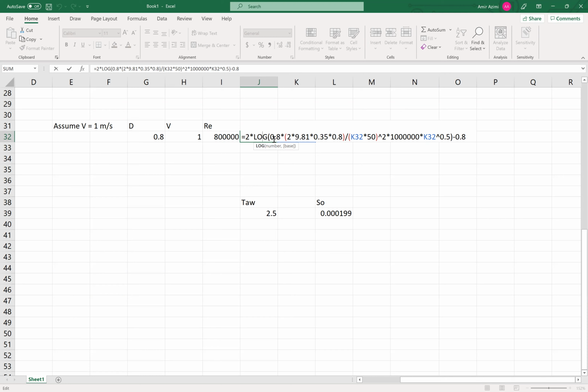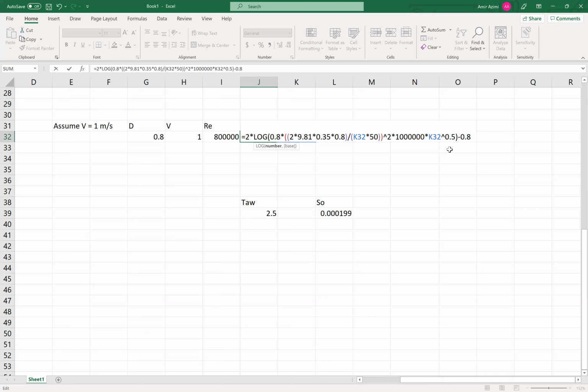So we have two times the logarithm of Reynolds number, where Reynolds number involves velocity. I have 0.8, that's the diameter, and the velocity is 2 times g times head loss times diameter divided by the length of the pipe times friction factor, which is unknown, all to the power of 1/2. Then this is multiplied by 10 to the power of 6 for nu, and then multiplied by the square root of friction factor.